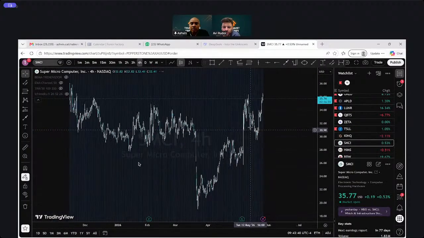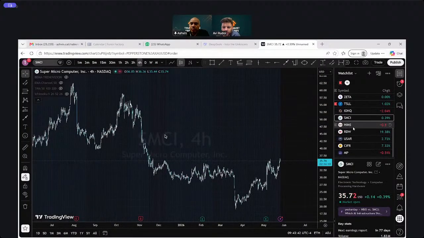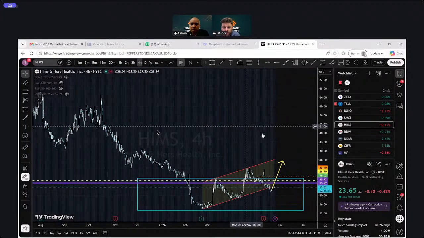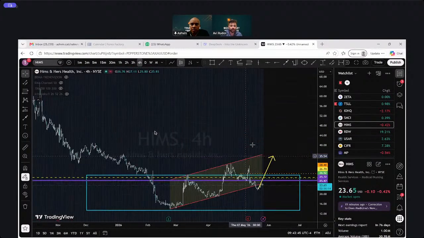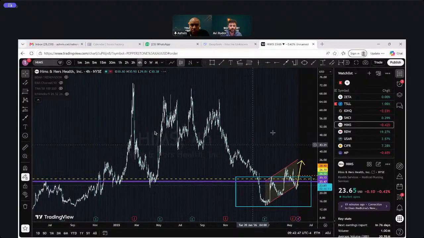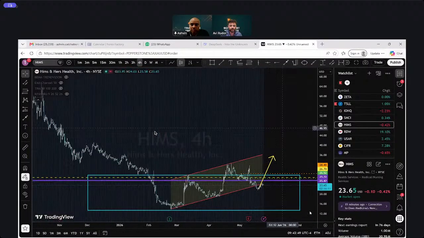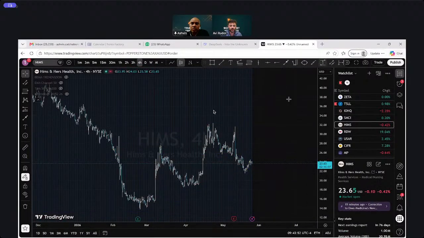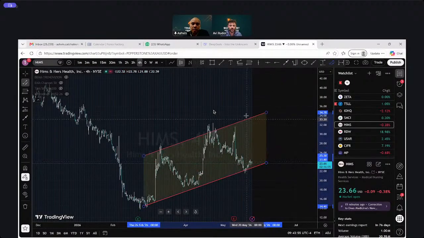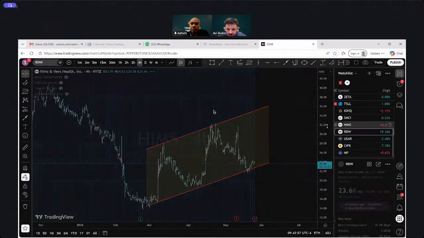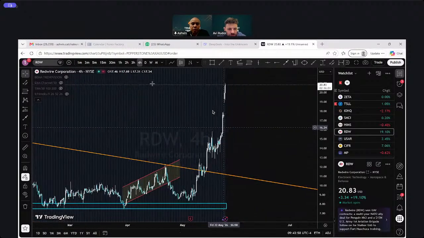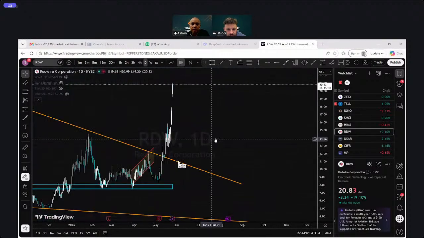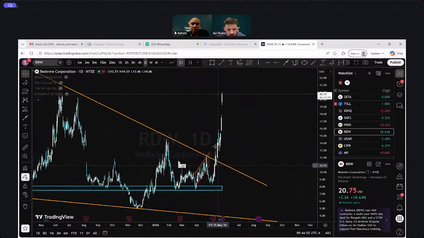SMCI, HIMS, nothing much right now. Just one channel. That's about it. RDW is pushing up. It broke out from the triangle. Once it broke out from the triangle, it's parabolic towards the upside. So we've got to let RDW settle down first and see what happens.